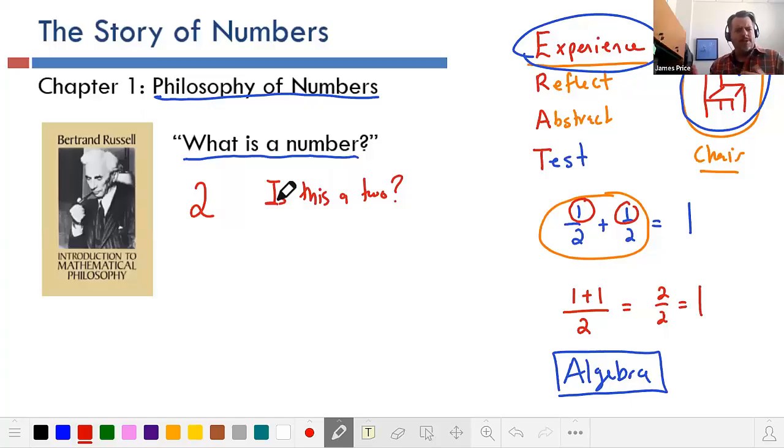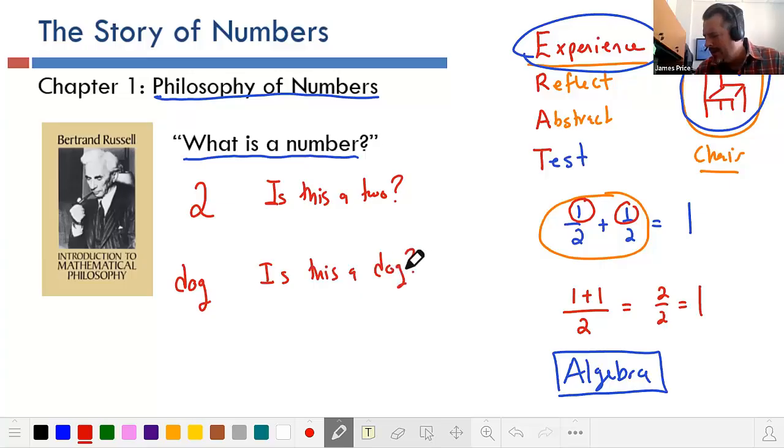And that may be confusing at first, but then I say, oh, watch what I do here. So look at that word, very familiar word. And let me ask you this question. Is this a dog? And of course, you say, no, this is not a dog, right? What is this?